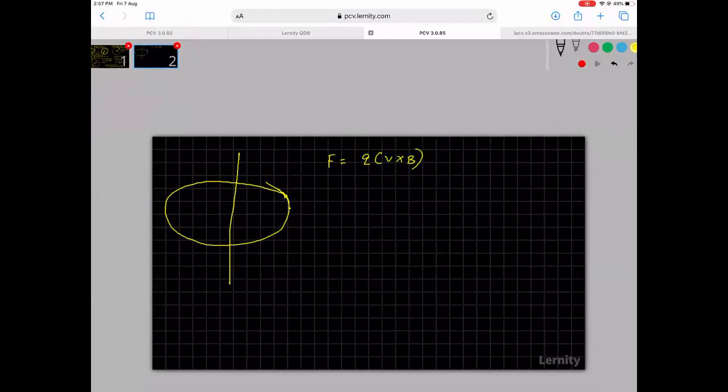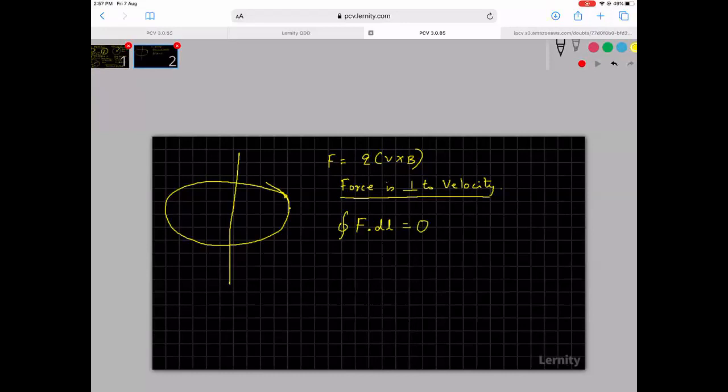So do you understand that force is perpendicular to velocity? Yeah, force is perpendicular to velocity. So if force is perpendicular to velocity, what will the integral of F dot dl give you over a closed loop?